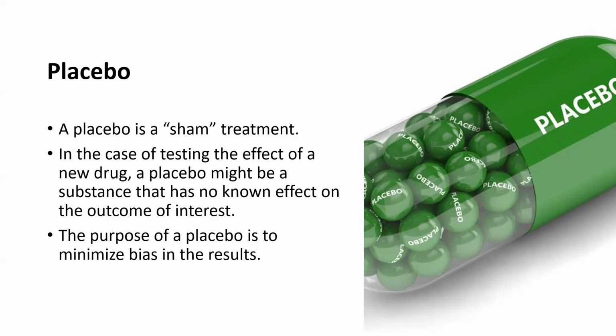We don't tell the people they're receiving a placebo, that would defeat the purpose. You would tell them they're receiving the treatment, and they would think they're getting the real thing. They wouldn't know whether it's the actual thing or the placebo, and that helps minimize the bias and the psychological effects of the experiment, and that tends to make the results a little bit more reliable.